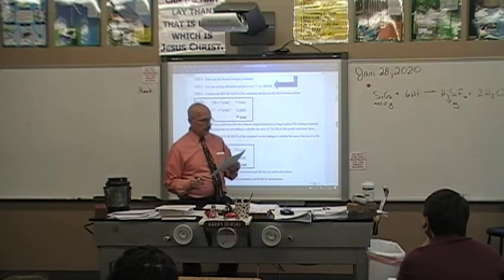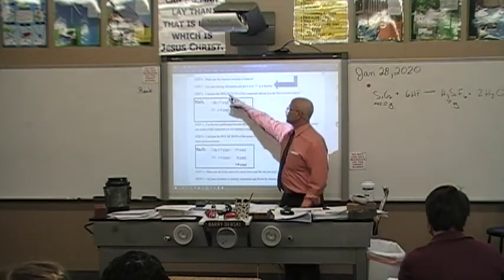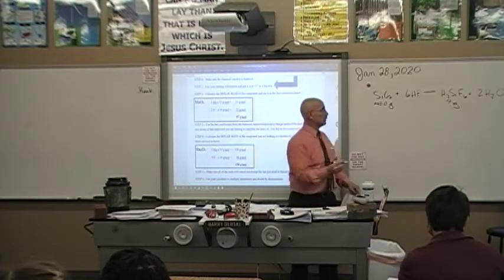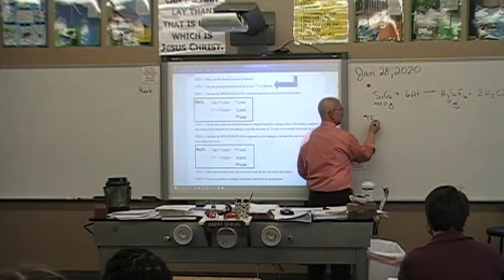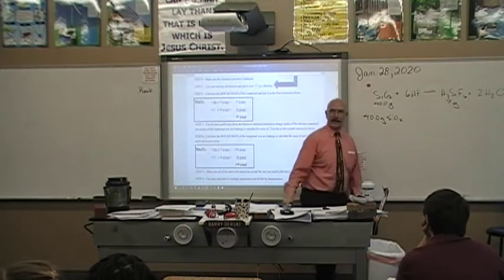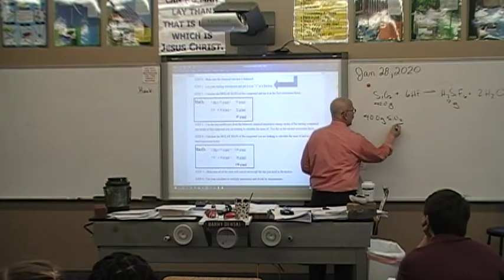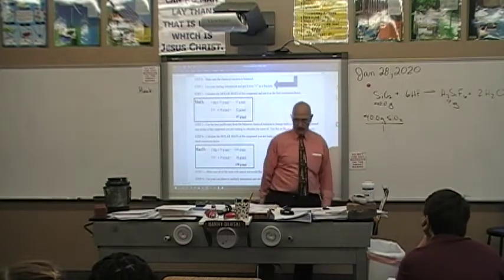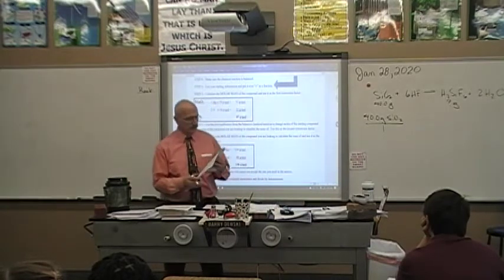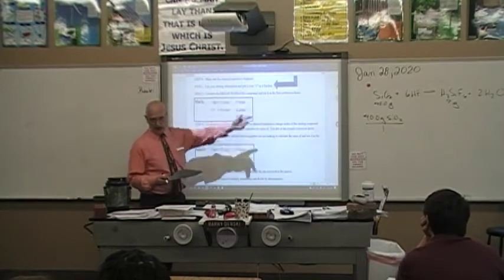Step number 1, take the starting amount. You can read it right here. Take the starting amount and put it over 1. So I'm just going to take 40 grams of this stuff, SiO2, which is commonly known as sand. Sand is made up of silicon dioxide, and put it over 1. That's all that means. Number 2, calculate the molar mass of SiO2.